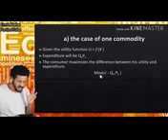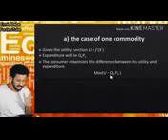Okay ስለዚህ ትልቅ ሆነ ማለት we have to find maximum of this equation.